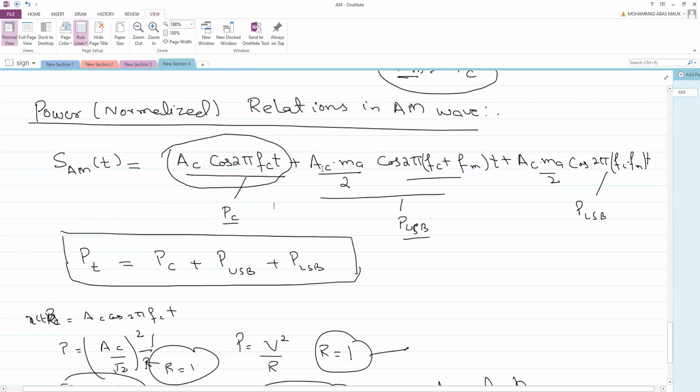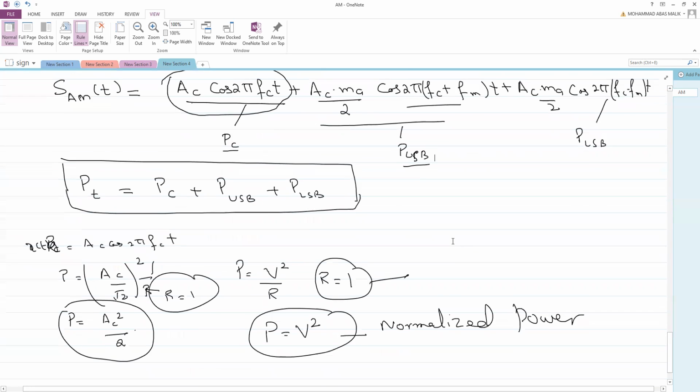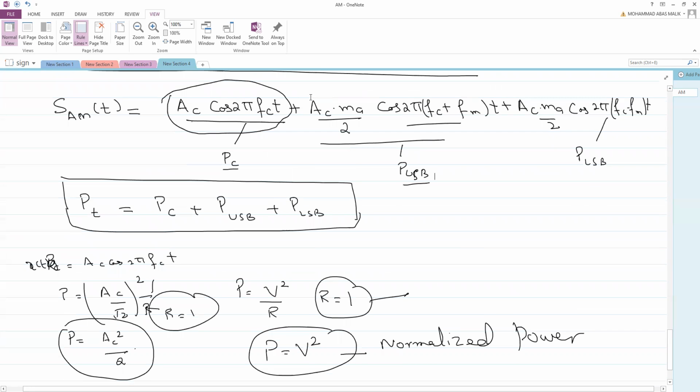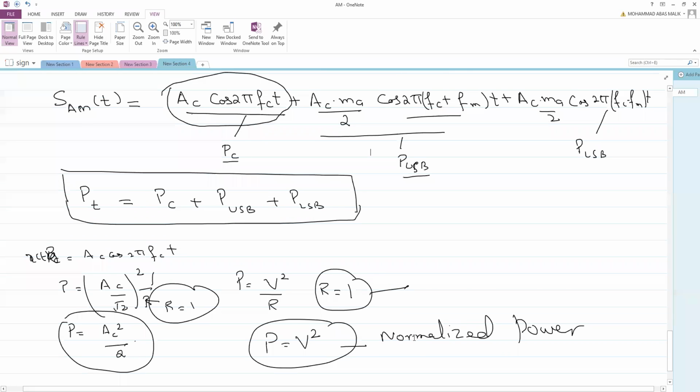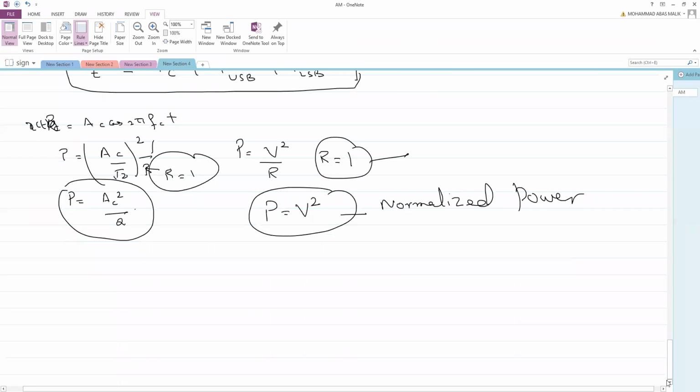Can anybody tell me what will be the power of the upper sideband from this? Because here the amplitude will now be Ac into ma divided by 2. This will be the whole amplitude of this upper sideband. Now tell me, can anybody tell me?